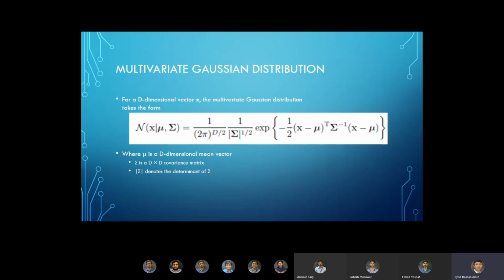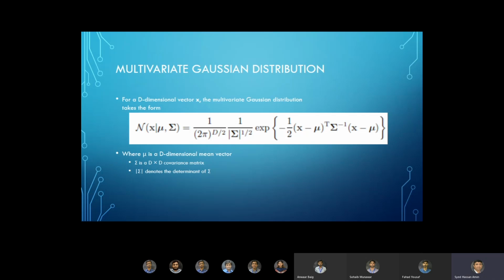The multivariate Gaussian distribution then takes the form of N of x given mu and this covariance matrix Sigma. The Sigma symbol basically represents a d cross d covariance matrix, and we also have the determinant of this covariance matrix denoted by bars with the Sigma symbol.